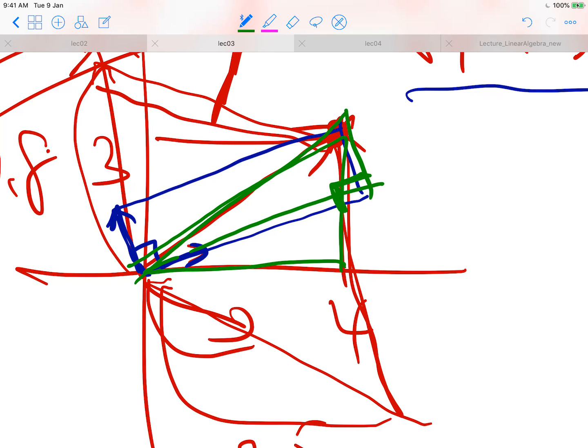So we can have many different ways of forming the triangle having the 90-degree angle, right? But still, if we consider the squared sum of these two line segments in our triangle, then due to the Pythagorean theorem, it will always give us the same value corresponding to the squared length of this line segment, right?